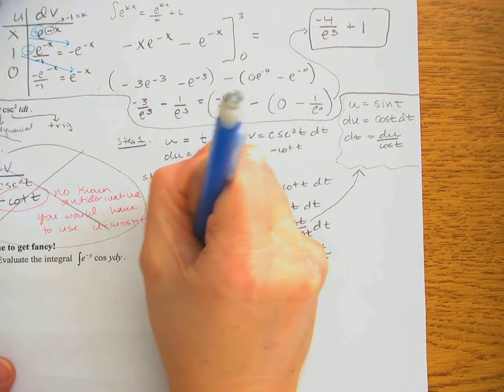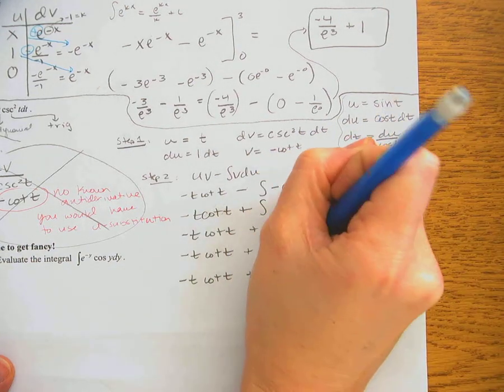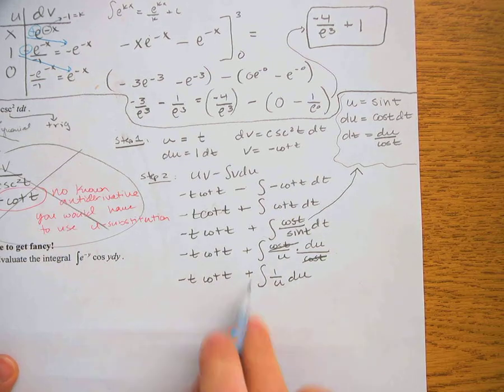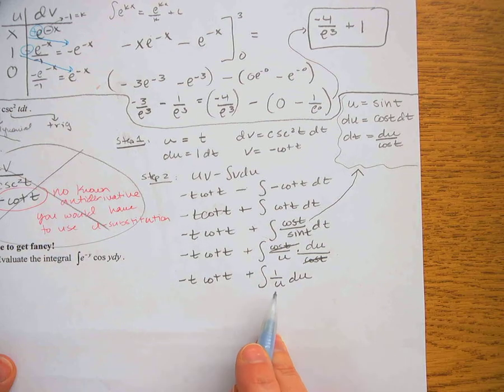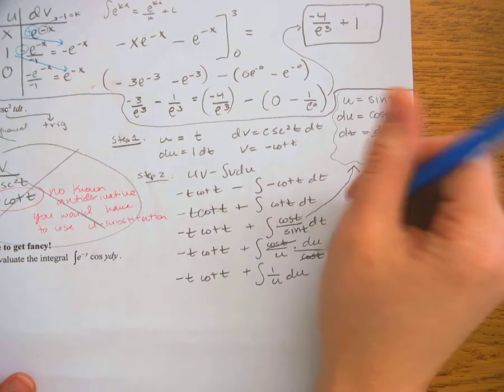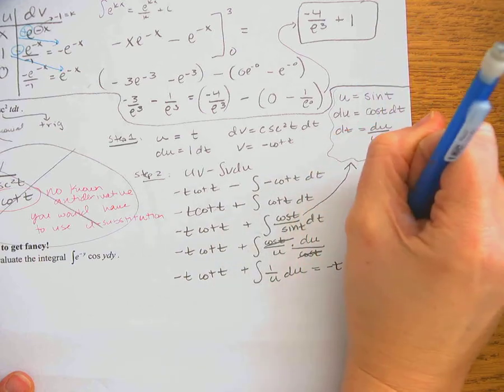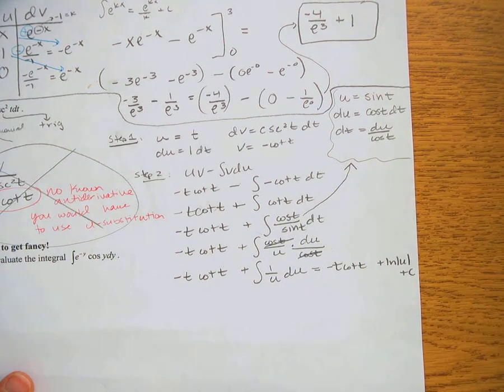And so I end up with negative t cotan t plus the integral of 1 over u du. And this is really easy to find the antiderivative of because we have a formula for it. The antiderivative of 1 over u is ln of u. So then this is equal to negative t cotan t plus ln of the absolute value of u, and of course plus a constant.